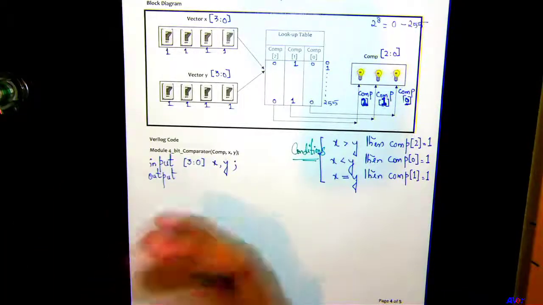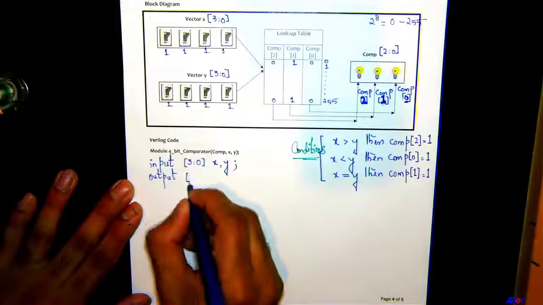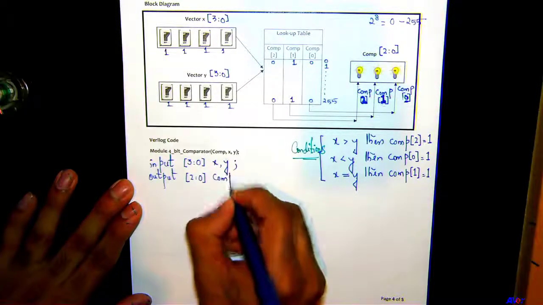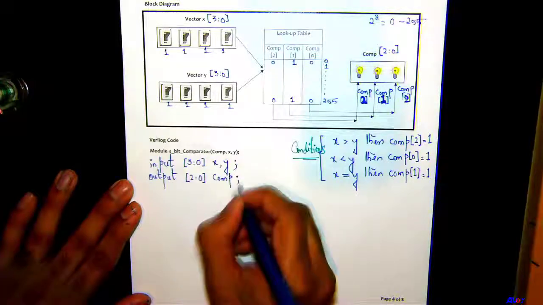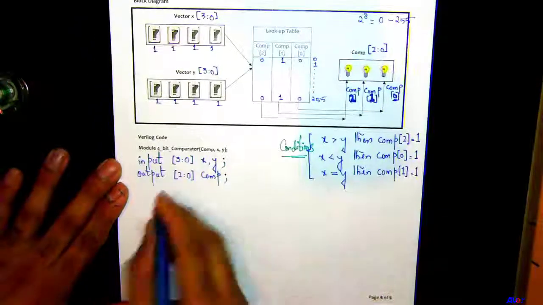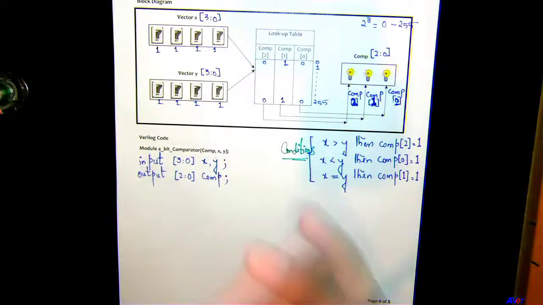Can I make an array here also, because we have 3 light bulbs? So that would be [2:0], and then we have comparator. Okay, and because we have conditions here, we're going to create if and else statements.